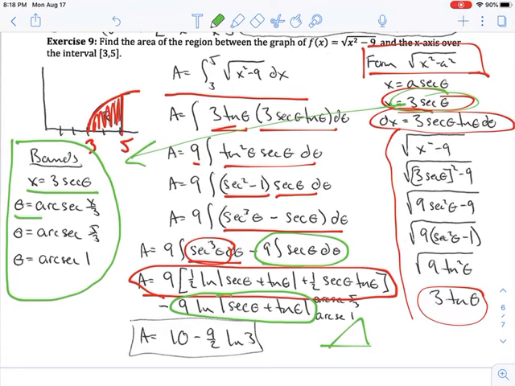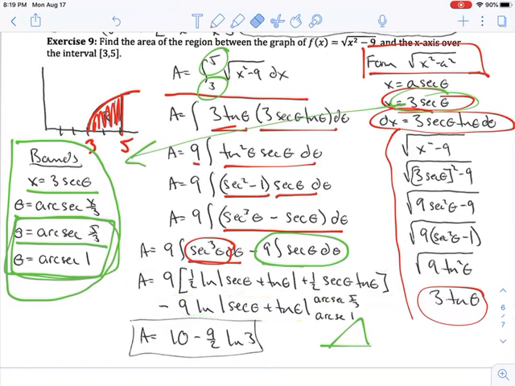Or theta is arcsecant x over 3. And then substituting in 5, we get theta is arcsecant of 5/3. And substituting in 3, we get theta is arcsecant of 1. So these are my two bounds. So that's where these are coming from right here.